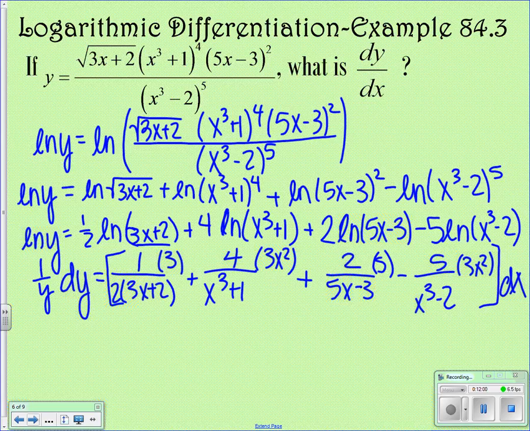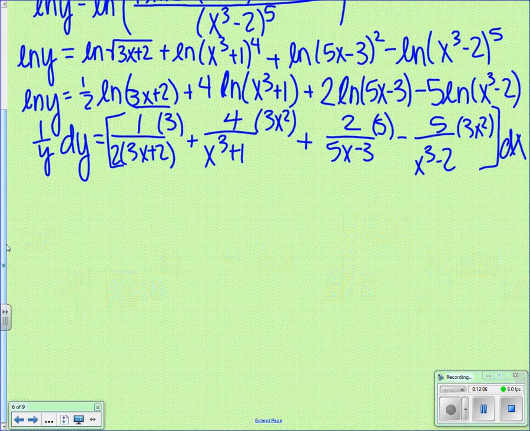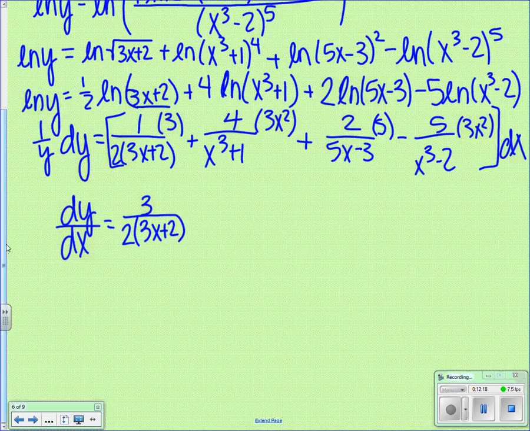Okay, so now we need to simplify it and solve for dy over dx. So I'm going to do that in one step. I'm going to have dy over dx, and I'm going to write 3 over 2 times 3x plus 2. If you want to distribute that 2, you can. The book does sometimes, but you don't really have to.